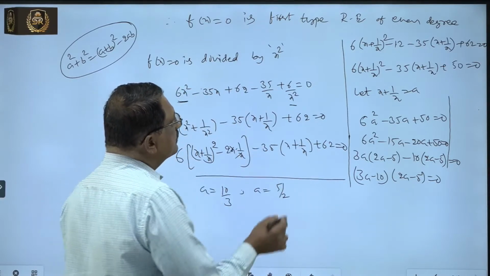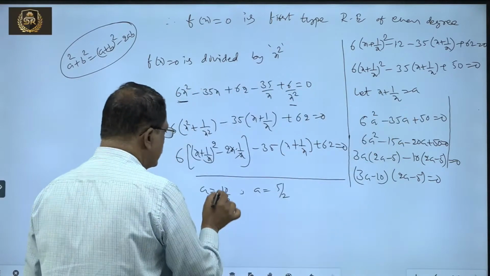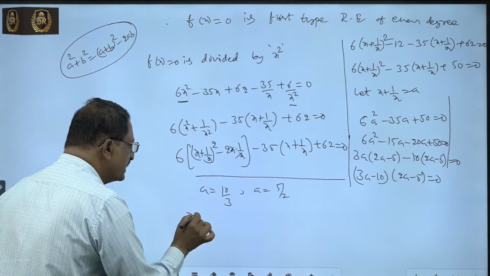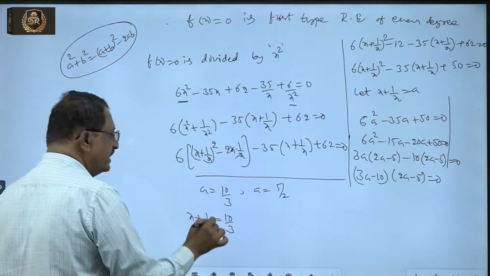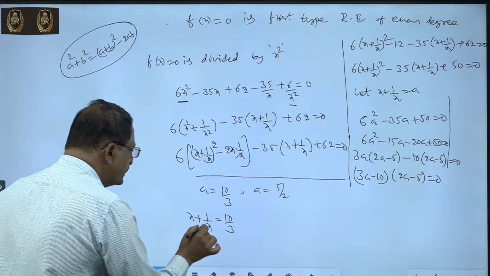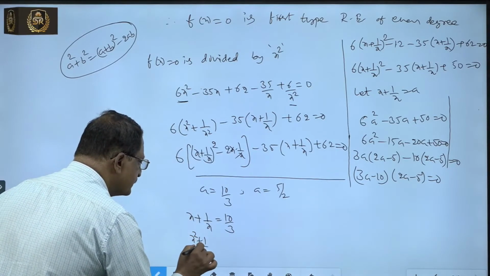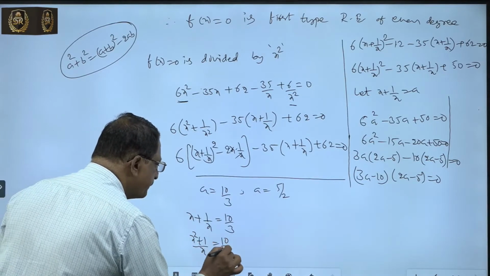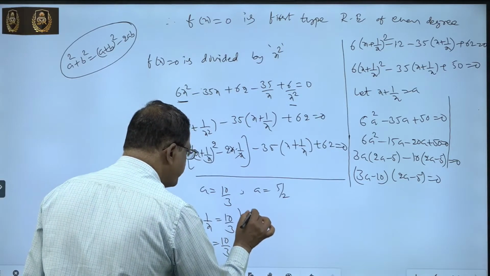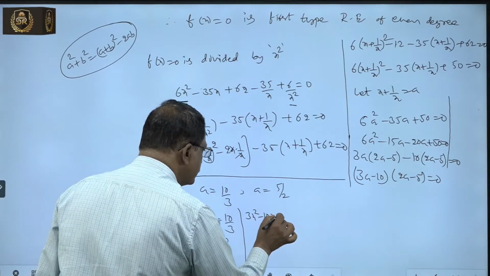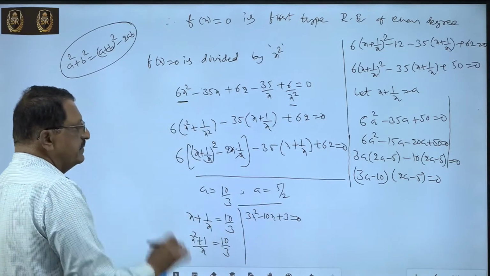But here a is nothing but x plus 1 by x. Now first, x plus 1 by x equals 10 by 3. Take LCM, how much do you get? x square plus 1 by x equals 10 by 3. Now 3x square minus 10x plus 3 equals 0. Take LCM, cross multiply and take everything to one side.